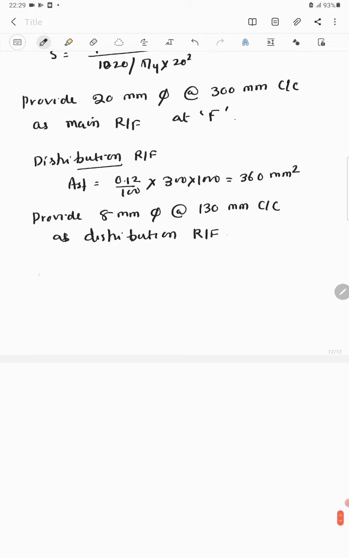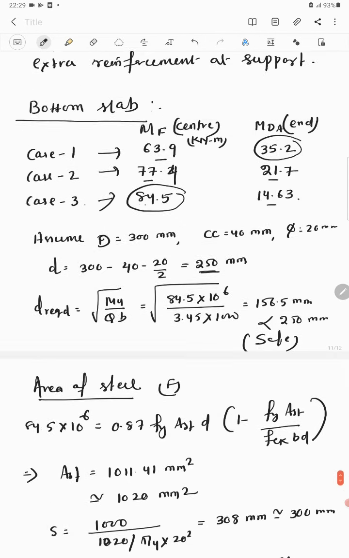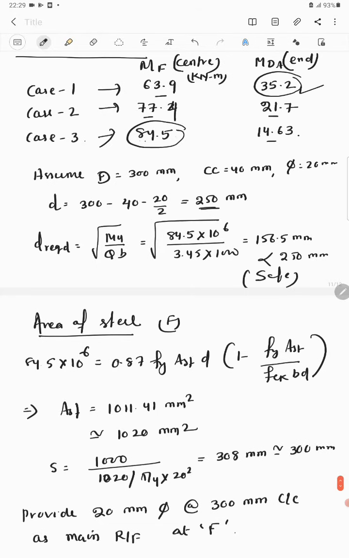Okay, now come to the support. At support, what is the bending moment? This is 35.2.